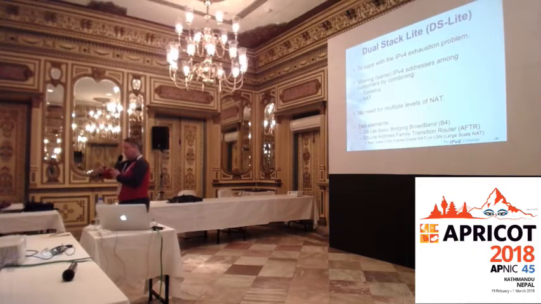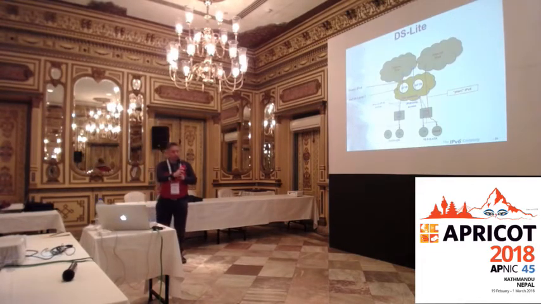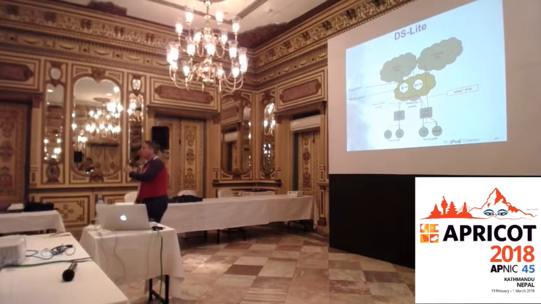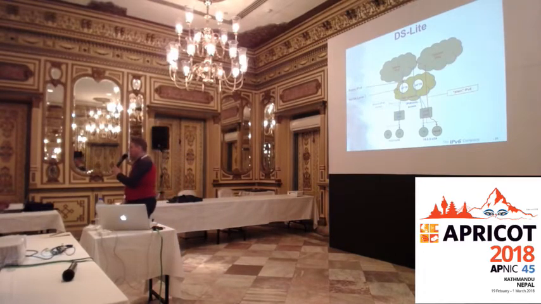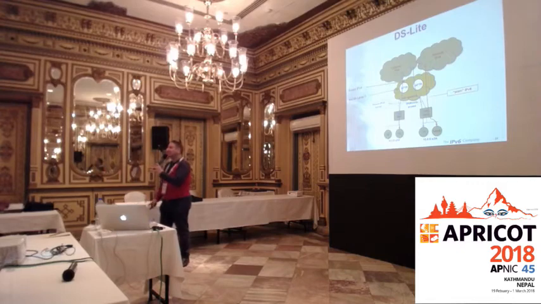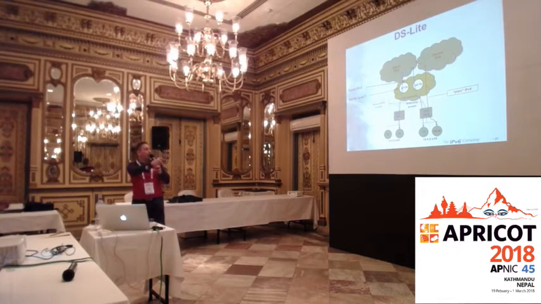How does it work? We need to have a CPE that supports this protocol. We call it DS-Lite support. Instead of having an IPv4 access, we have an IPv6 only access. So these links will turn into only IPv6.